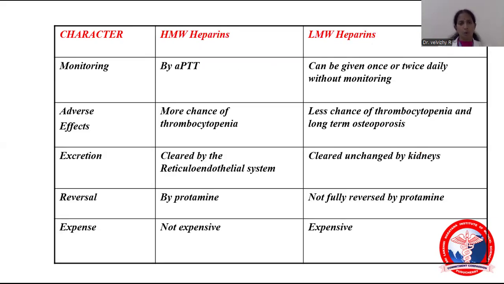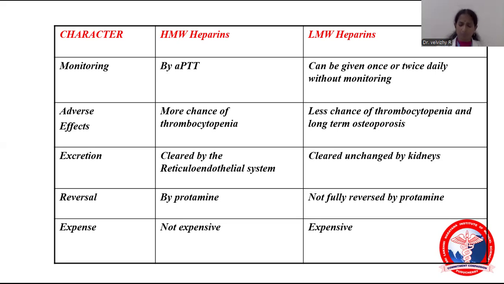Monitoring is always required in the case of heparin: if you are giving heparin, we always monitor the INR, whereas with low molecular weight heparin there is no need to monitor it. Adverse effects: because it inhibits a lot of factors, heparin has high chances of adverse drug reactions compared to low molecular weight heparin. And excretion: heparins are mainly excreted via the reticuloendothelial system, whereas low molecular weight heparins are excreted through the kidney.